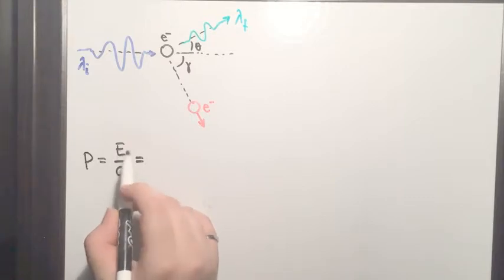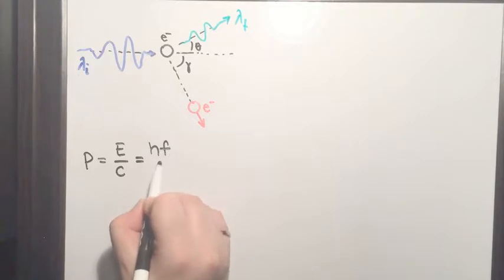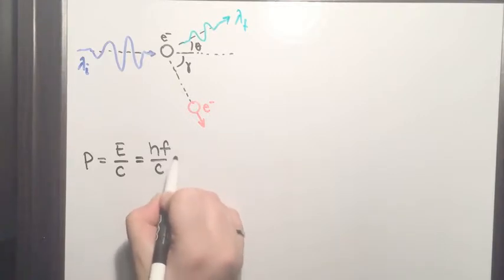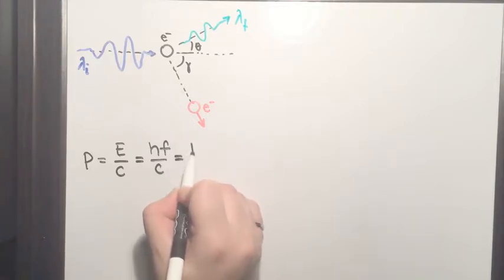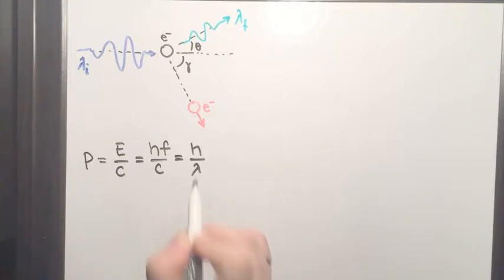The energy is given by Planck's constant times the frequency, so p is h times the frequency over c, which is equal to Planck's constant over the wavelength.